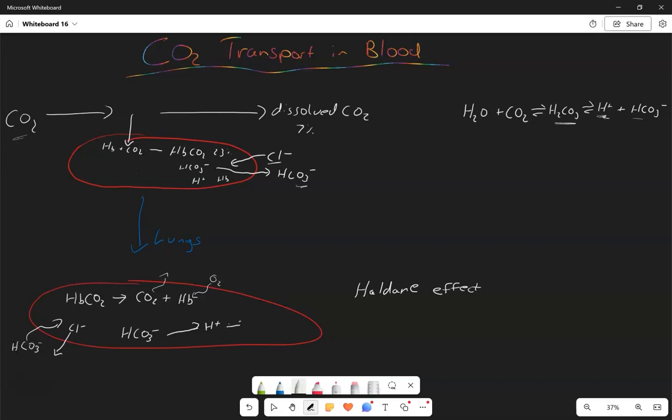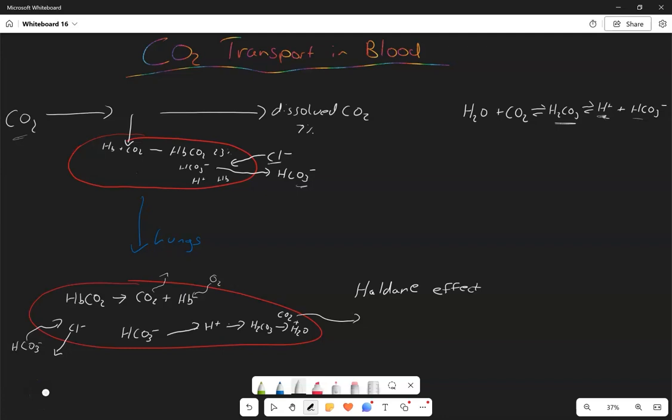And it is going to form our carbonic acid, which then can be split into our water and our CO2. And then the CO2 can be transported into the alveoli. So we're just sort of at the lungs reversing the processes that happened at the tissues. And that's how carbon dioxide is transported in the red blood cells in the blood.